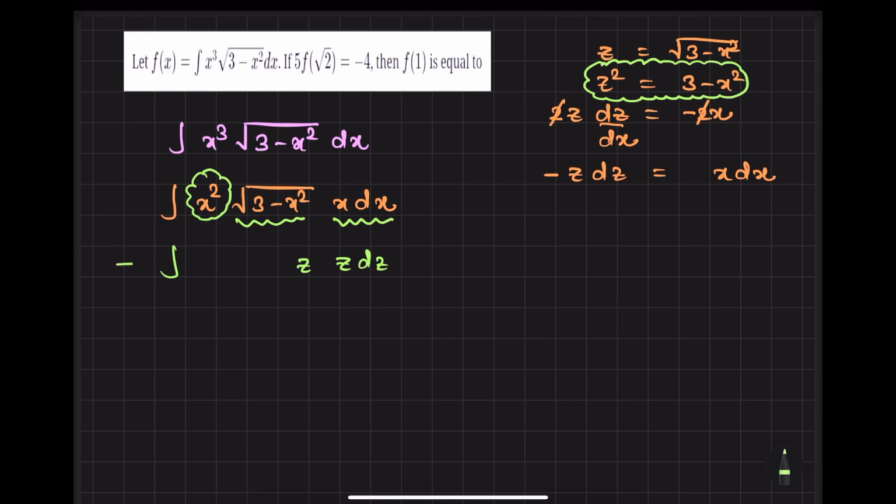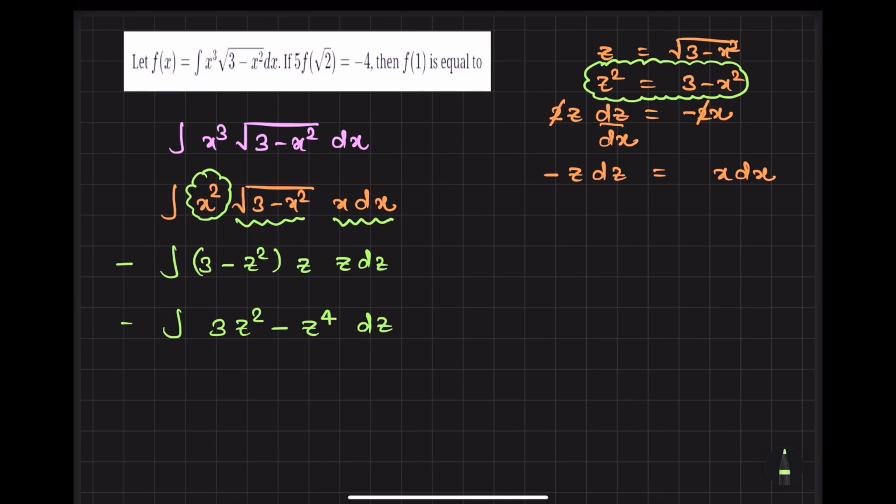So can I write the value of x square as 3 minus z square? Okay. Now let's open this bracket and look at what will happen. So we have 3 times z square minus z power 4 dz.